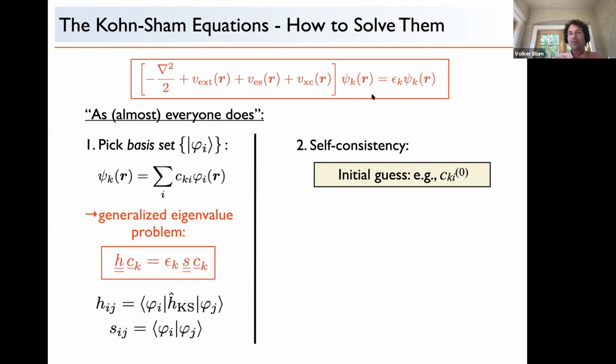And so that means the right side here depends on the left side, but the left side depends on the right side. And this is effectively a nonlinear problem. And so what we do in practice to solve these equations is we want a Hamiltonian that gives us a solution defining the same Hamiltonian that we put in. That's called a stationary point or a self-consistent solution.